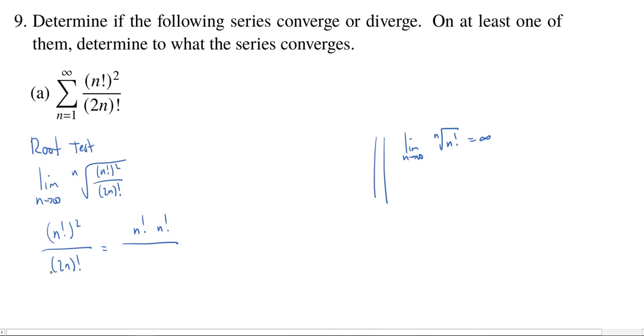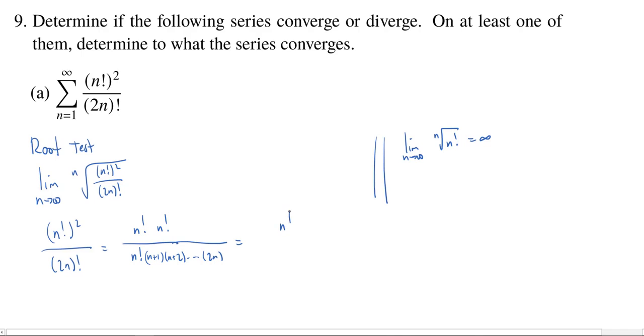So this means you multiply from 1 all the way up to 2n. But I want to break it up into two pieces. First, I'll multiply from 1 to n, which is actually another n factorial. And then I'll go the rest of the way from n plus 1, n plus 2, all the way up to 2n. And I do that because now I can cancel some n factorials.